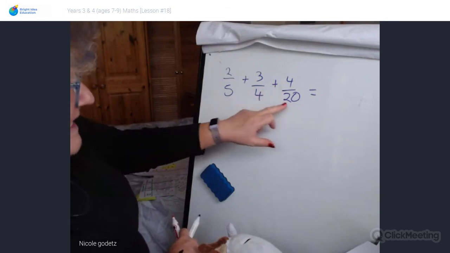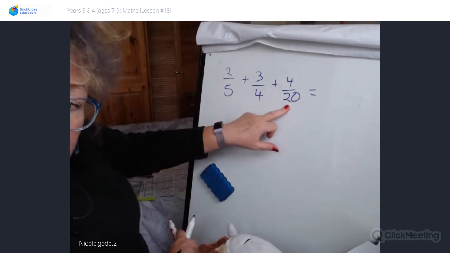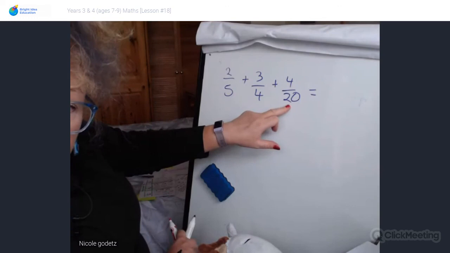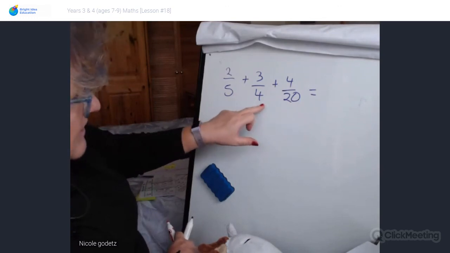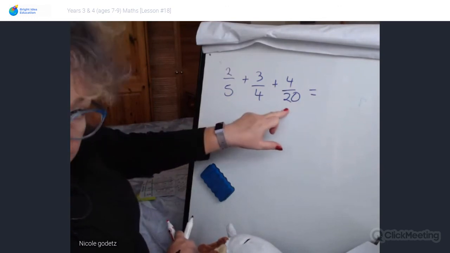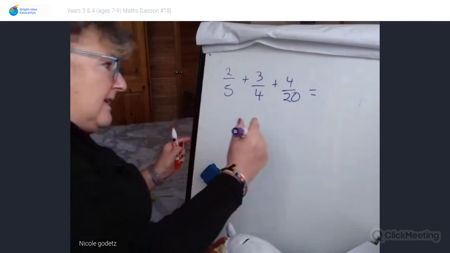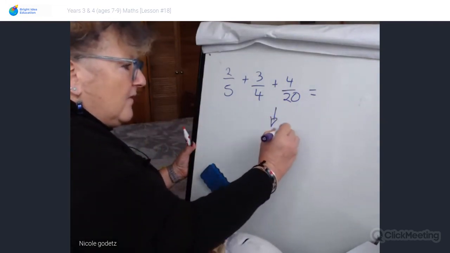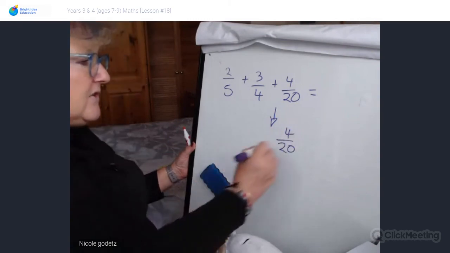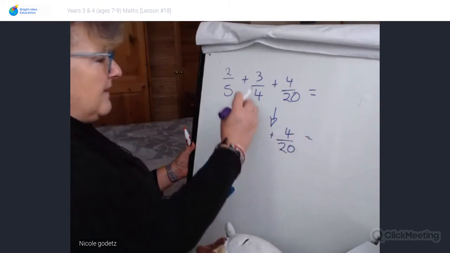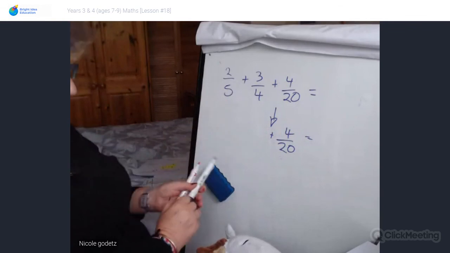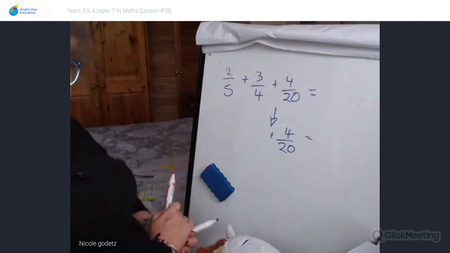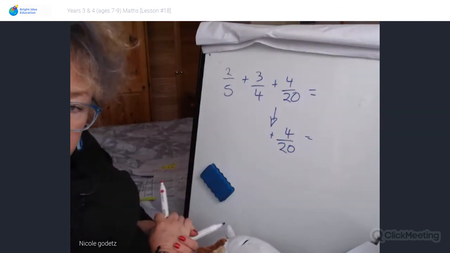Straight away, we can see, actually, we don't need to go any higher than 20 to make them have the same denominator, because 4 goes into 20 and 5 goes into 20. So I can leave my 20, that's as they are. 4/20 is unchanged, okay? But if I'm going to change my quarters into 20ths, what do I need to do to 4 to make it 20?